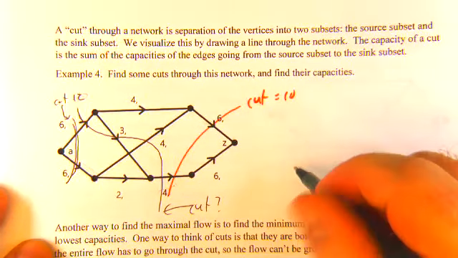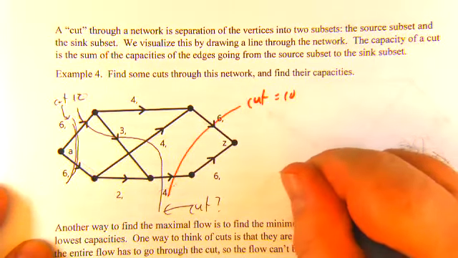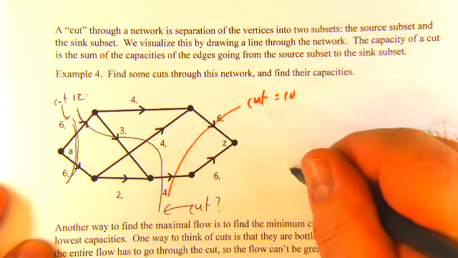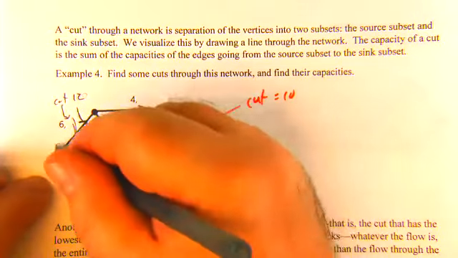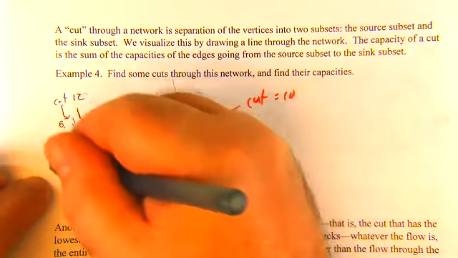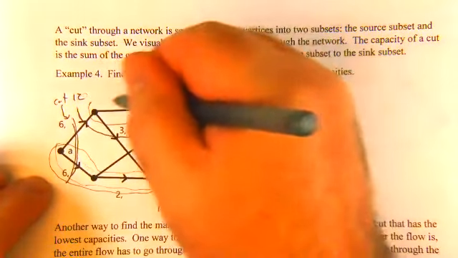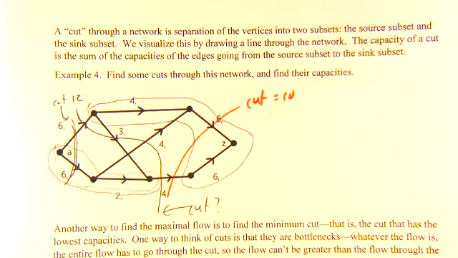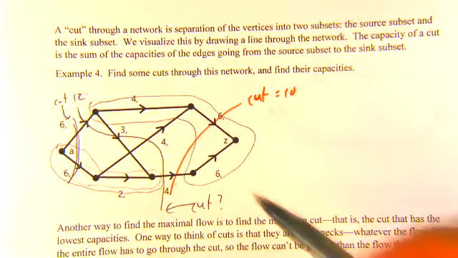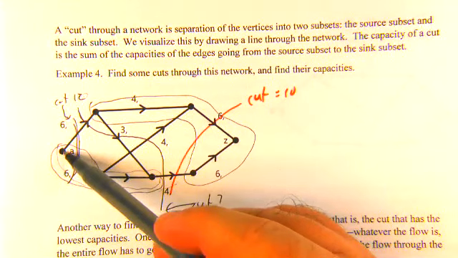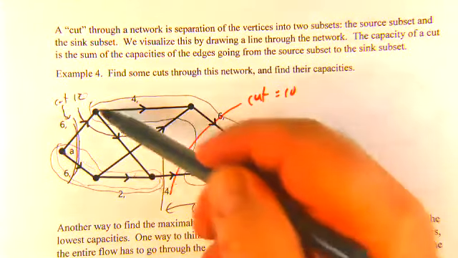Right? So that cut separates our network into these three vertices. That's on the source side. And these vertices, these are all on the sink side. When you're thinking about the capacity of a cut, you have to be a little bit careful. You only want to count edges that are going from the source side to the sink side.